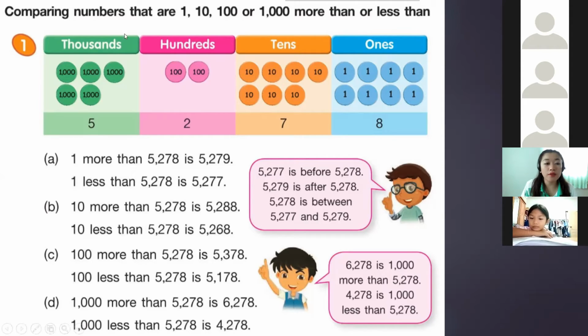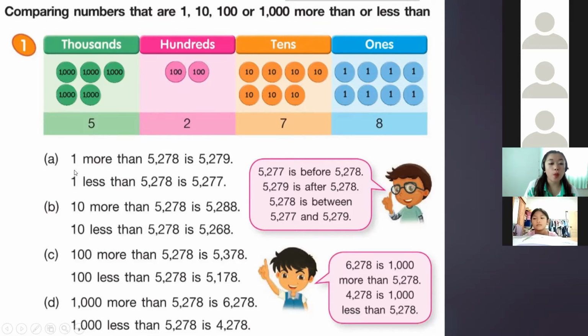We have thousands, hundreds, tens, and ones, the place value of each digit. 5 stands for 5,000, 2 stands for 200, 7 stands for 70, and 8 stands for 8.